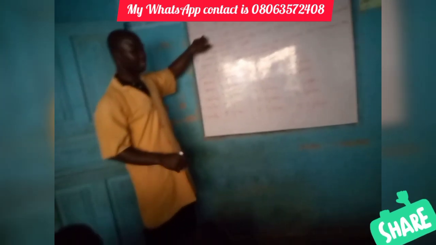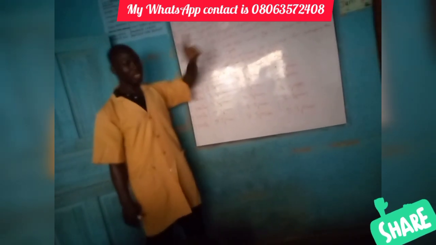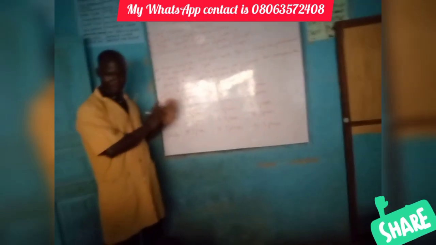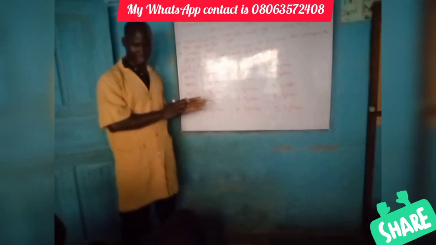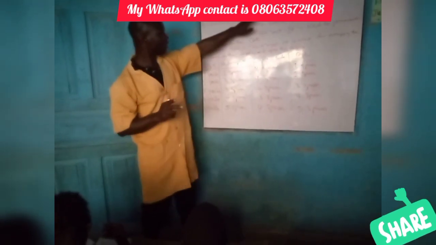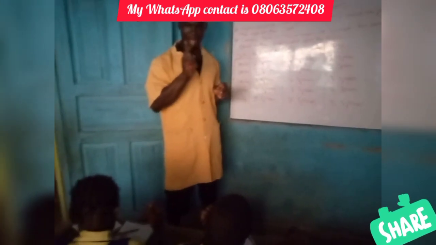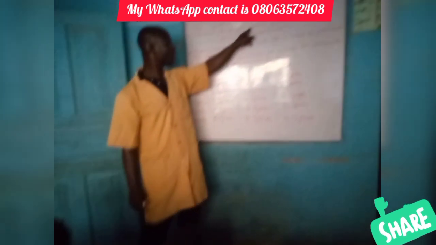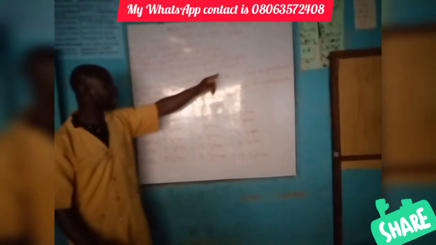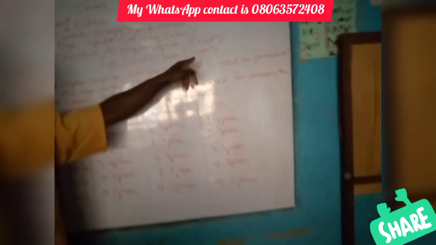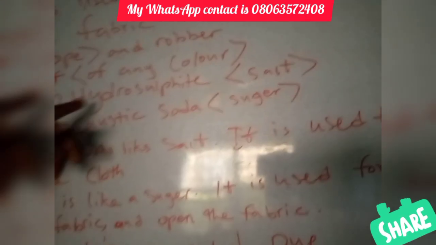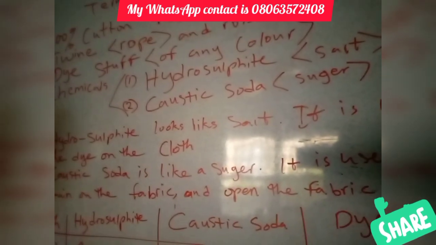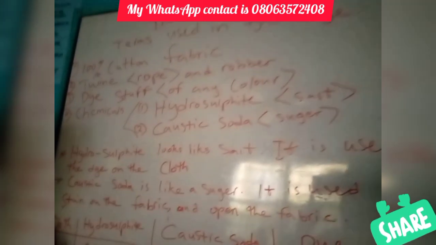Now, chemicals. We only use 2 chemicals in making our tie and dye. Apart from the color, the chemicals are only 2, which are hydrosulfide and caustic soda. Now, why did I put salt and sugar in front? I want you to get it and understand. When you look at hydrosulfide, I will show you when we get outside, it looks like salt.